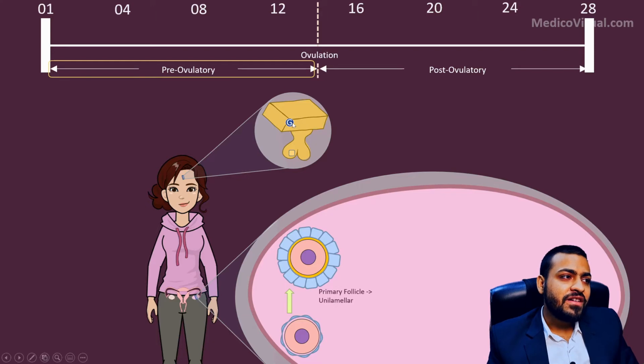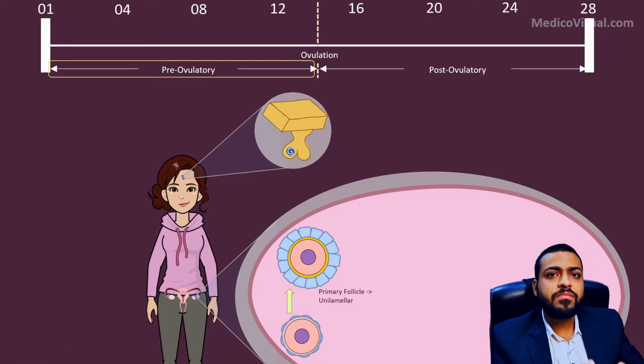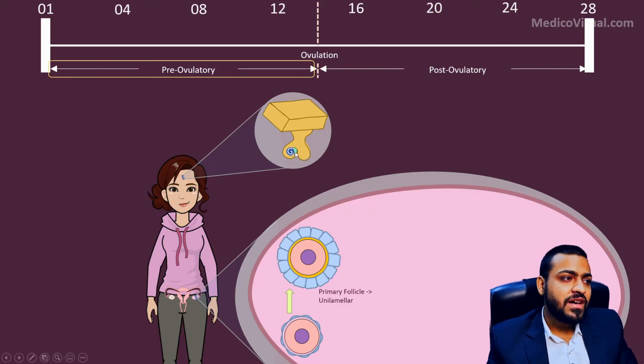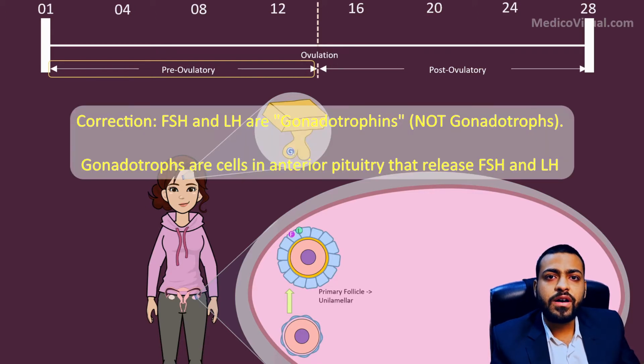Gonadotrophin releasing hormone passes to the anterior pituitary, and here it stimulates particular cells to release gonadotrophs. What are gonadotrophs? Gonadotrophs are special hormones that have effects on gonads. What are the female gonads? The ovaries. Namely, these are FSH and LH. FSH and LH are called gonadotrophs or gonadotrophic hormones.